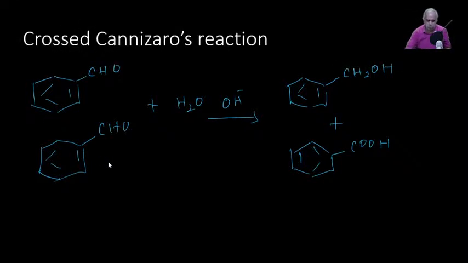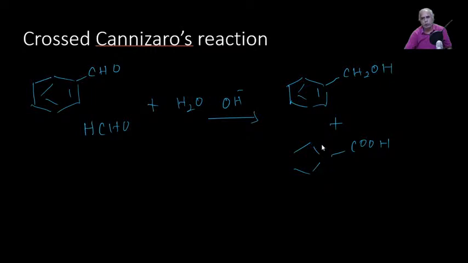So you can remove this benzaldehyde. Instead, you can take HCHO. And here you are able to get HCOOH, formic acid. That's all. So this is known as crossed Cannizzaro.